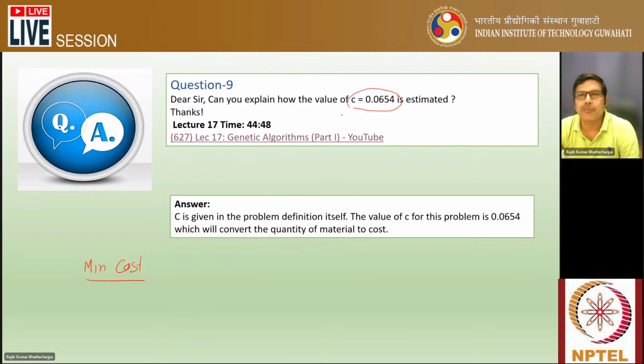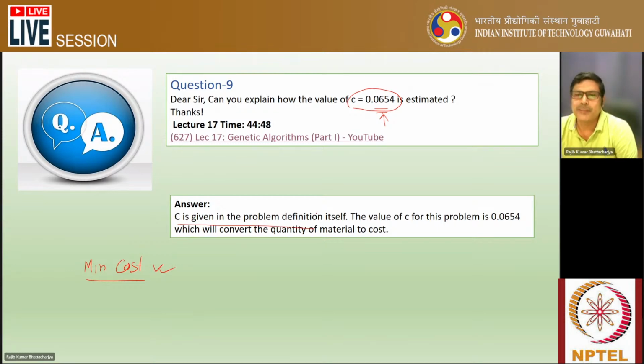C is 0.0654. This is for this particular problem. It's not that I'm assuming something. If you multiply this, you will get the cost of this particular CAN. This is as per the definition of the problem itself.